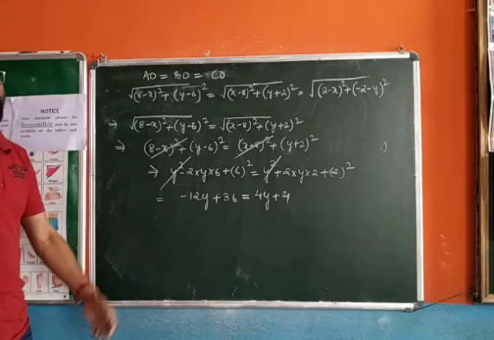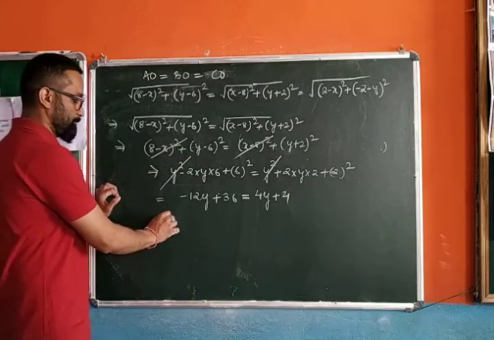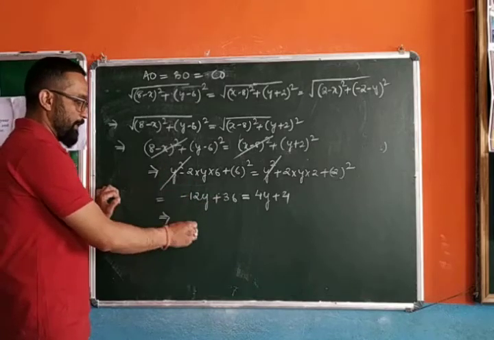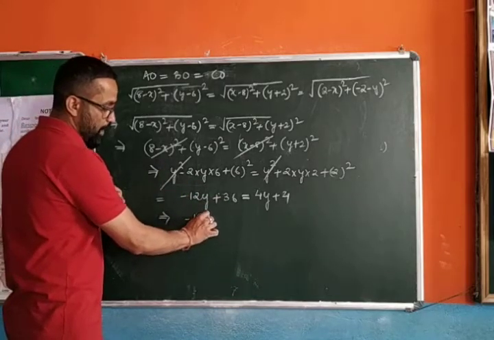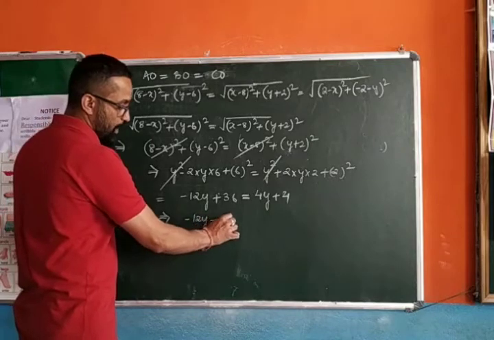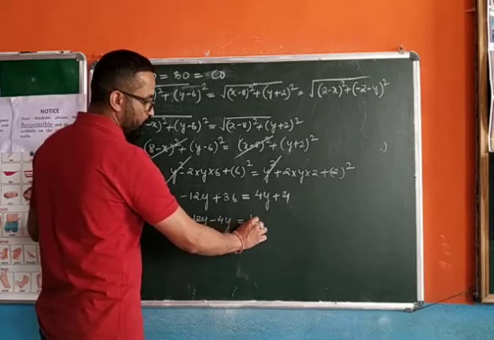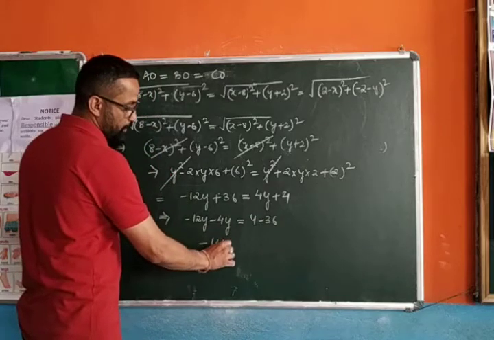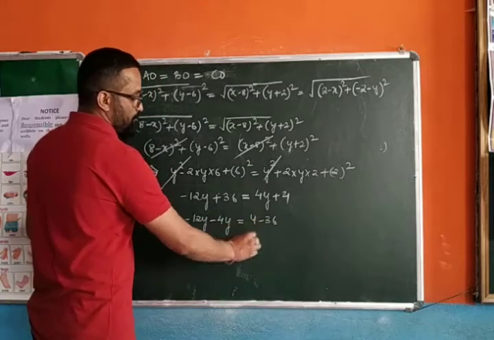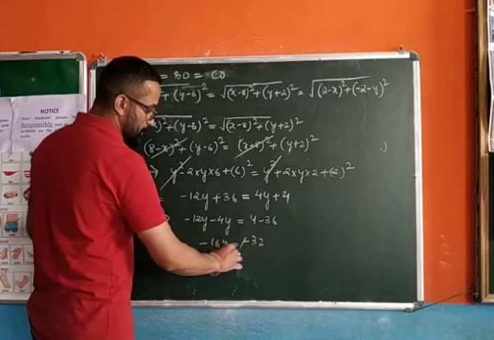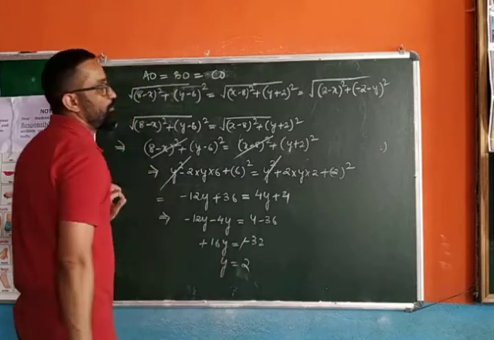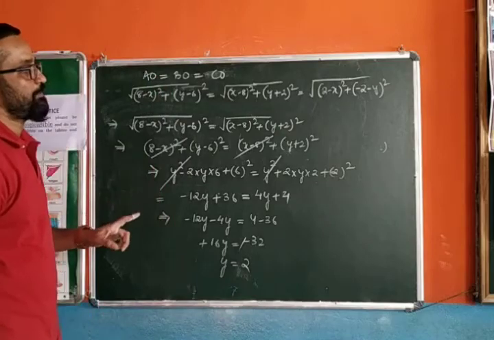Arrange it to calculate y from here. When we simplify this, we get -12y - 4y equals 4 - 36. -16y equals -32. Cancel it, y comes equal to 2. We know the first value.